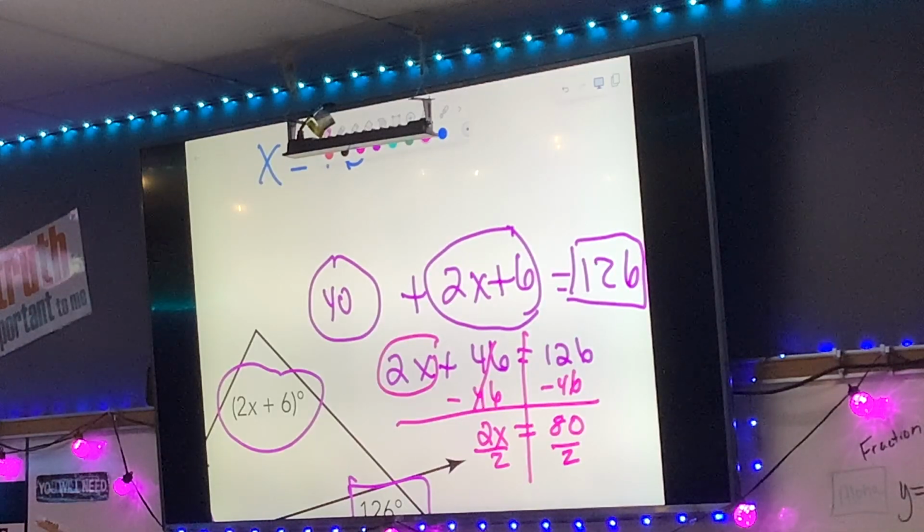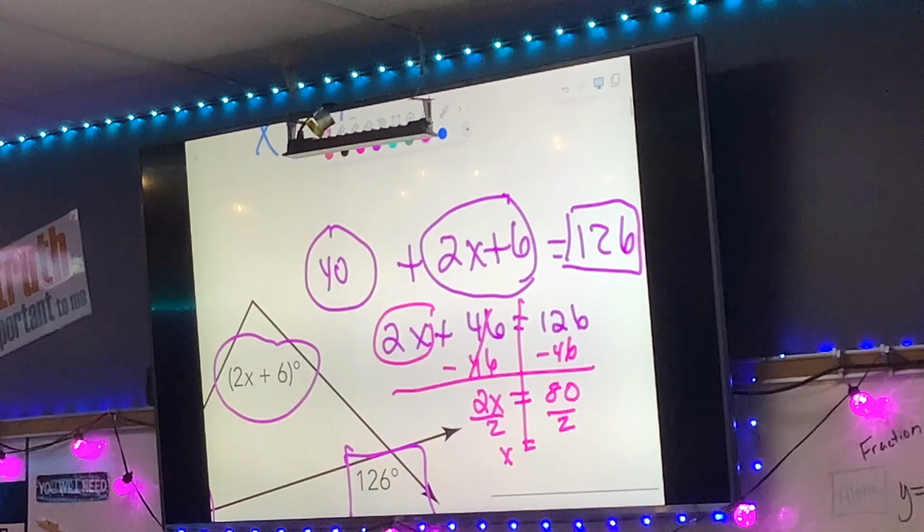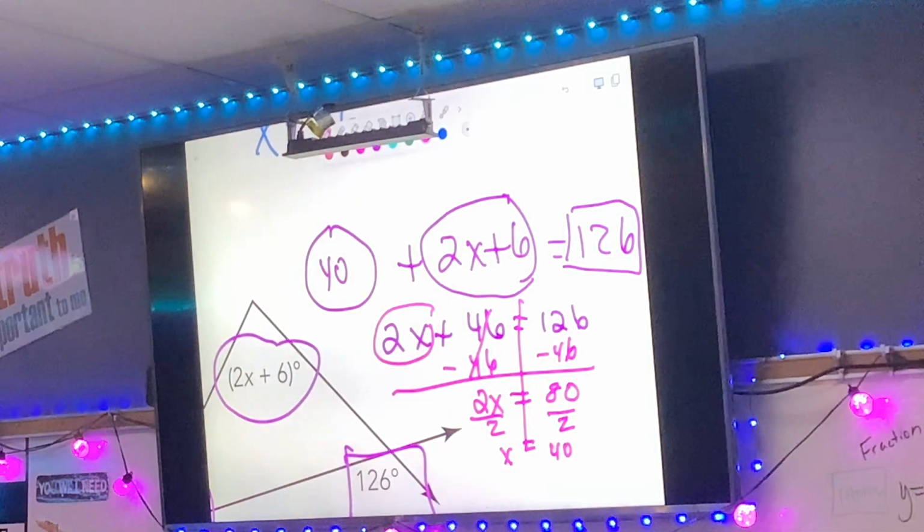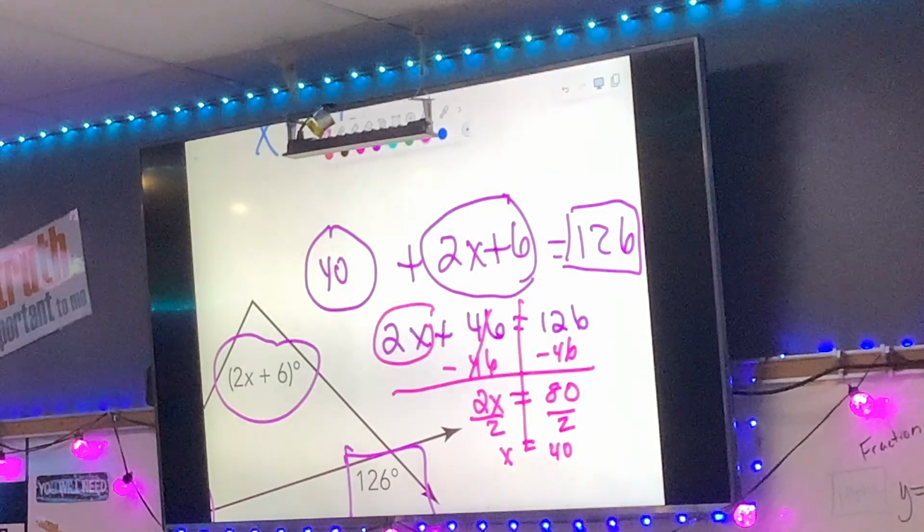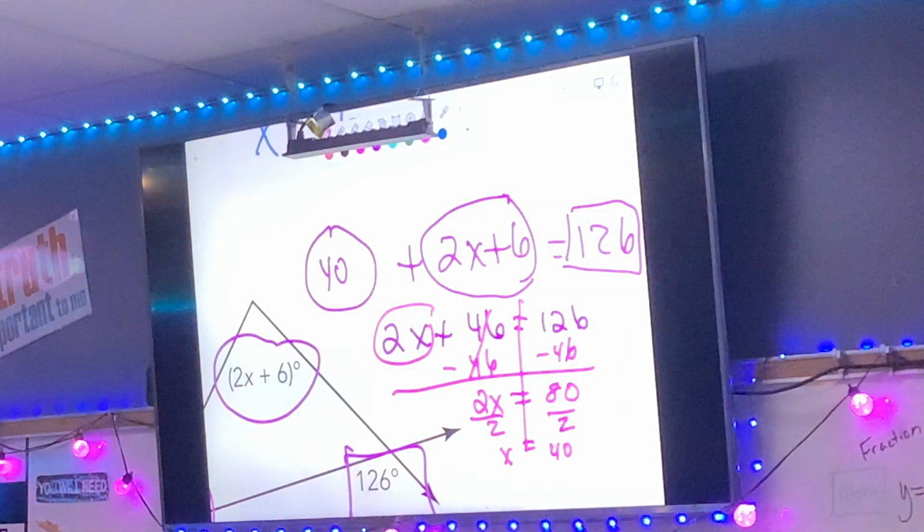Divide by 2. And x is 40. Not hard, right?